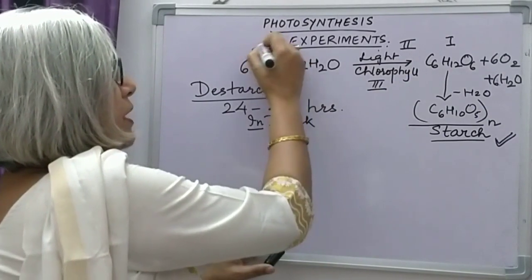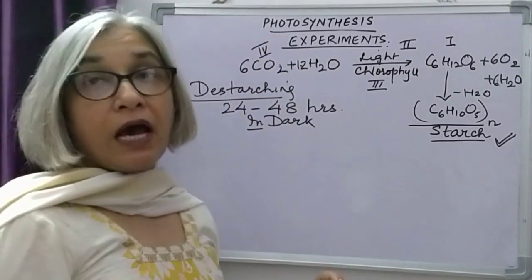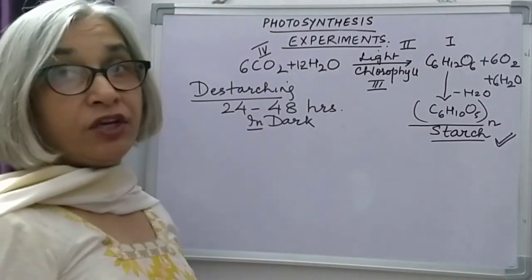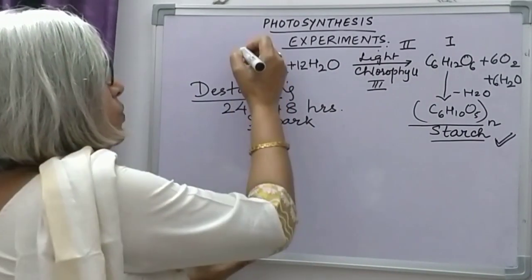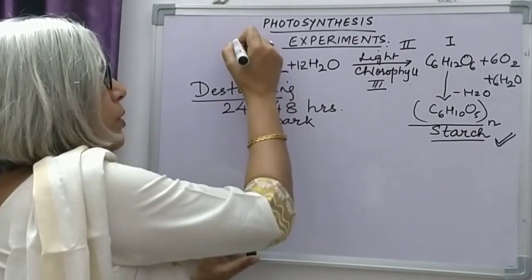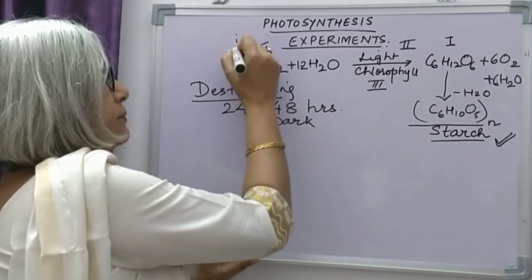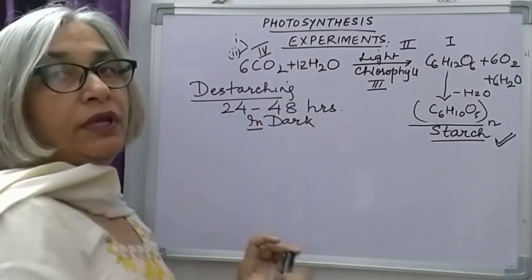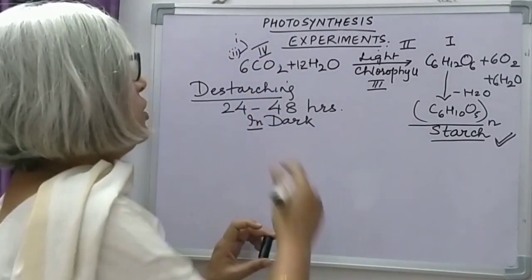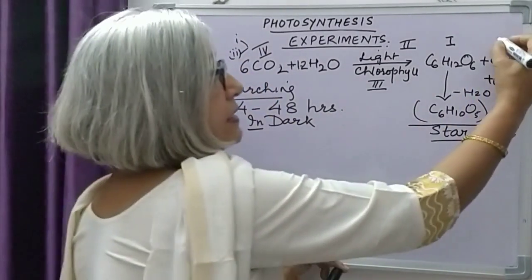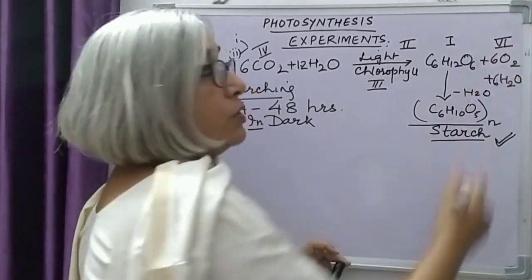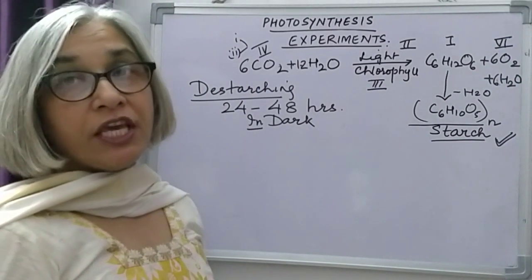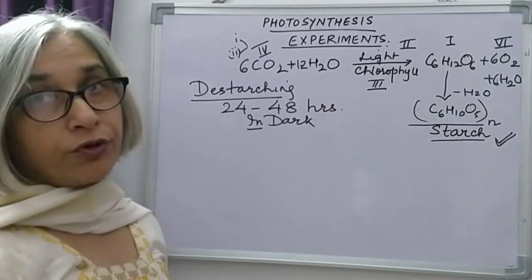Fourth experiment that we will do is that carbon dioxide is essential for photosynthesis. For this we are going to see 2 experiments. The second one will be modification of the first. And the 6th experiment that we are going to see is that oxygen is produced during photosynthesis.